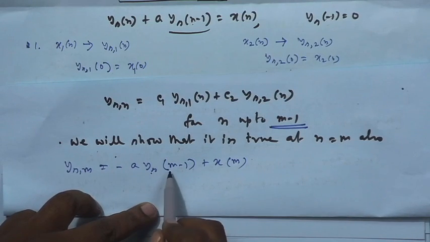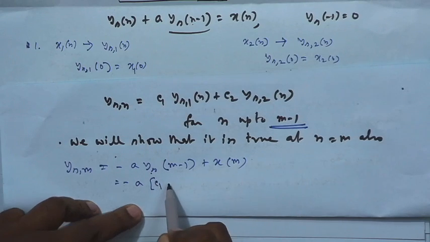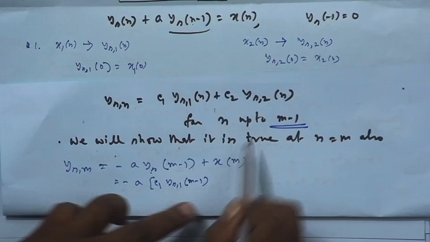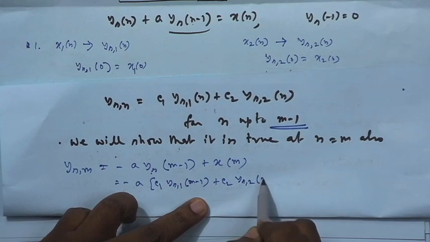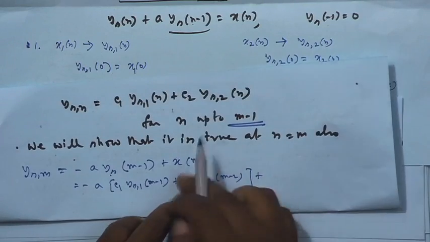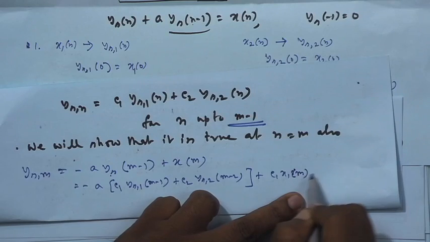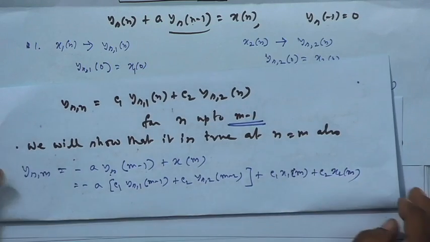So, y_s(m minus 1) will be c1 times y_s1(m minus 1) plus c2 times y_s2(m minus 2), and x(m) I know is always c1 x1(m) plus c2 x2(m), because I am giving this linear combination as input.